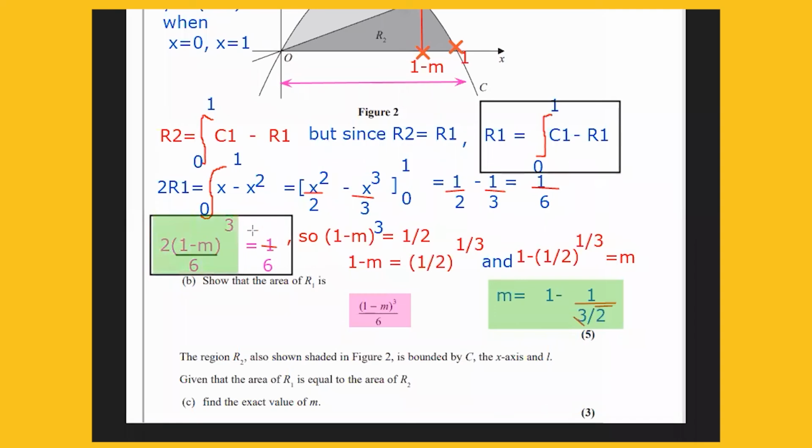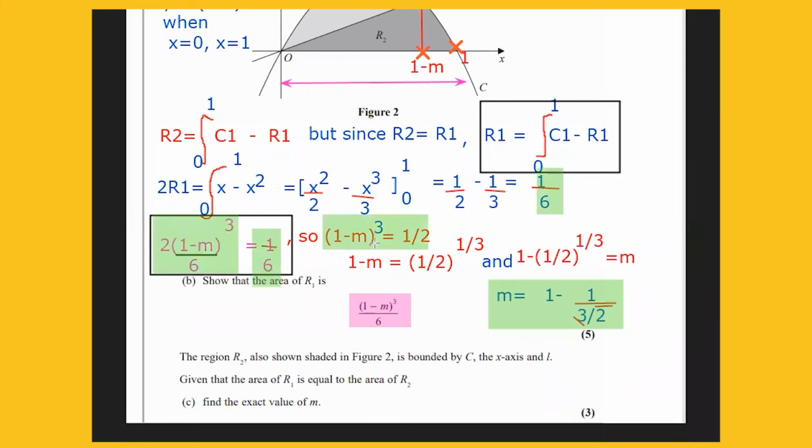And that's equal to 1 over 6, because that's what I get for the integration of C, the curve. When I simplify it, it's clear that I have 2 into 1 minus m cubed is equal to 1. Therefore, 1 minus m cubed is equal to half.